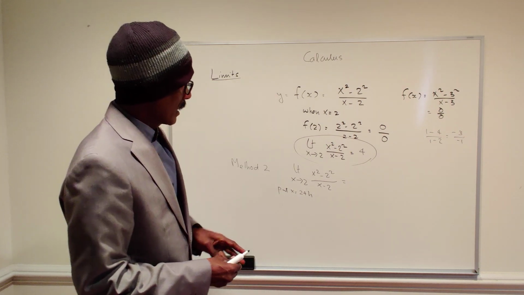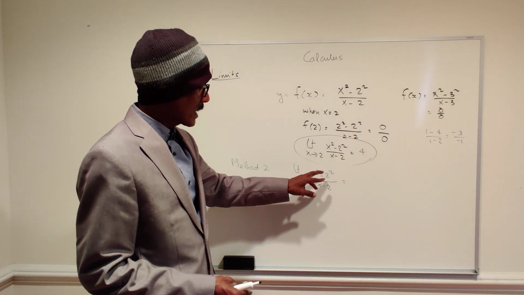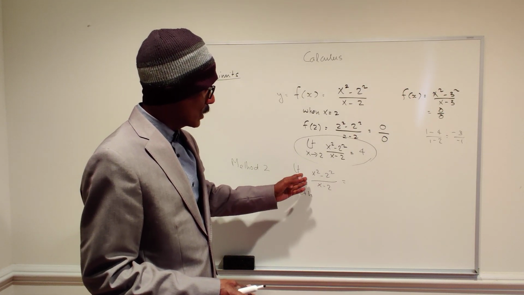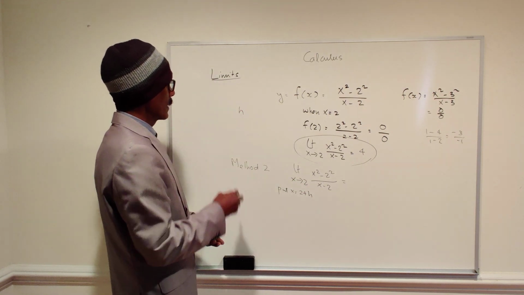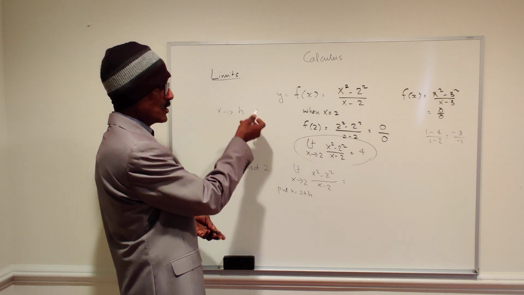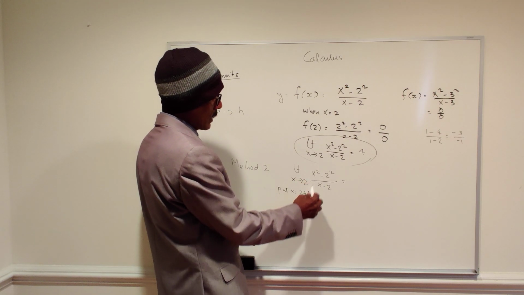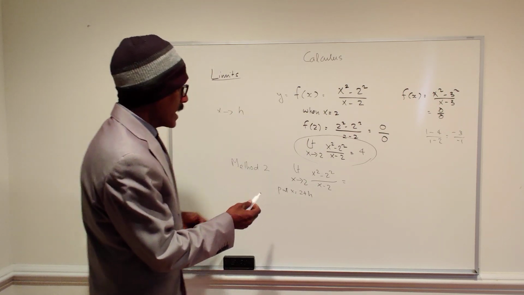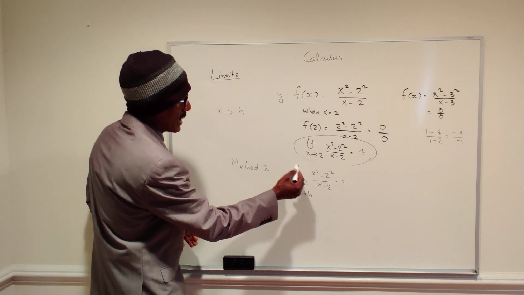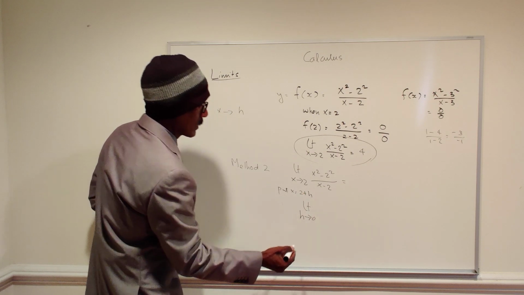Now just convert this x function into h function. So substitute x is equal to 2 plus h. So when x is equal to 2, what is h? Limits h tends to 0.